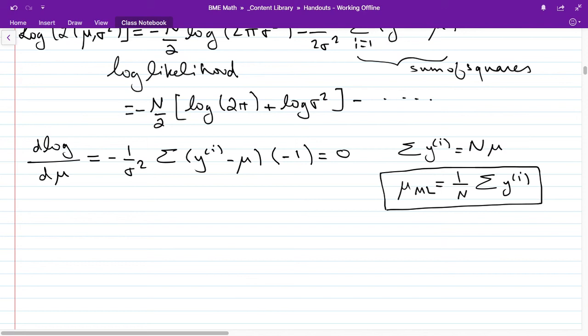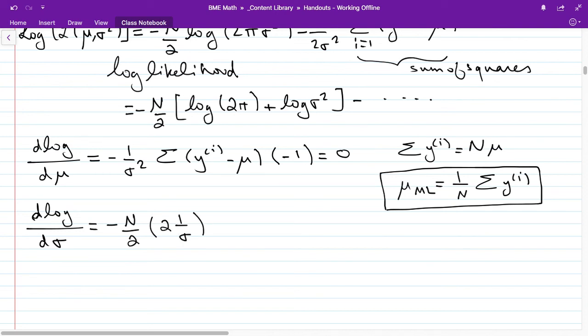Okay, what's your estimate of variance? Take the derivative of the log likelihood with respect to sigma. Here's one of the terms that has a sigma in it, and I'm going to get minus n over 2 times 2 times 1 over sigma.